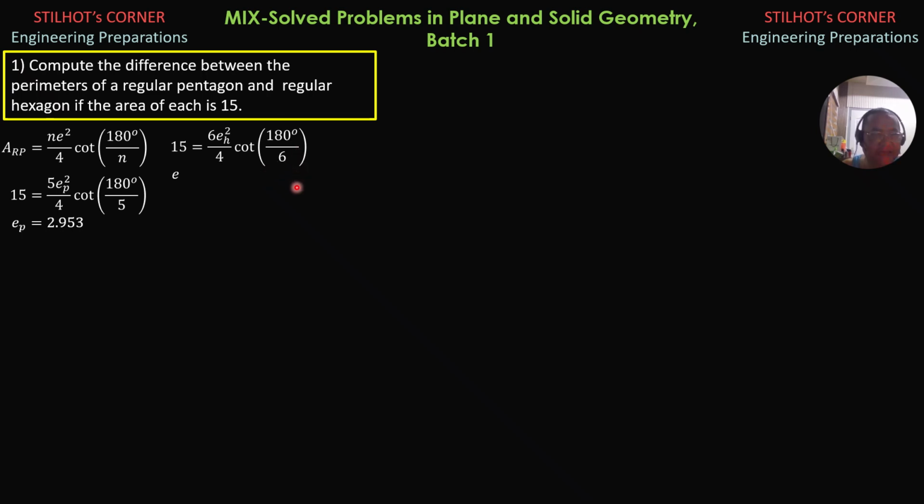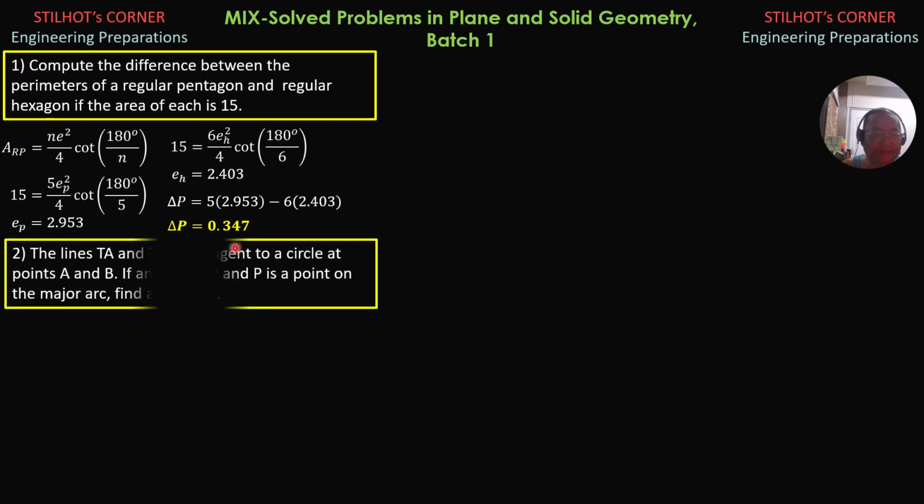Solving for E sub H is 2.403. So the difference in the perimeter is 5 times 2.953 minus 6 times 2.403, which is equal to 0.347 units.